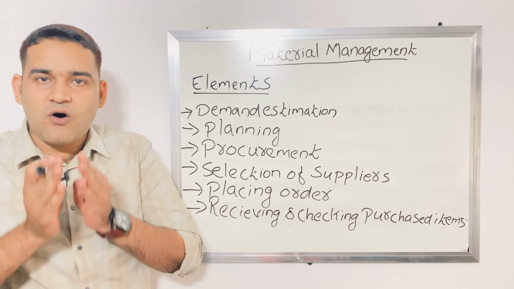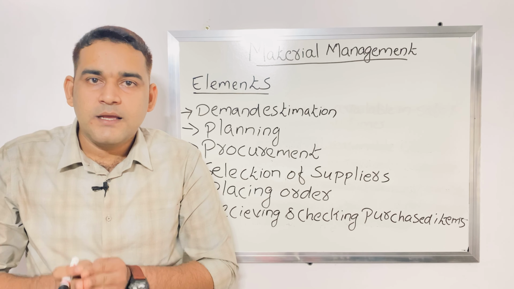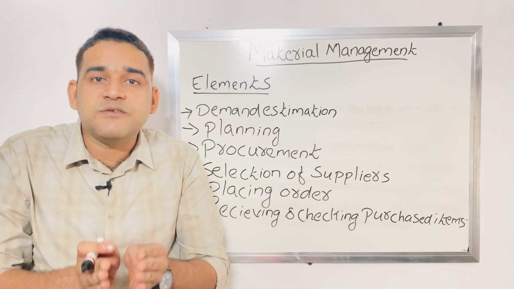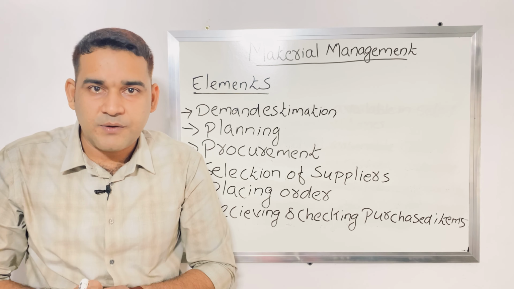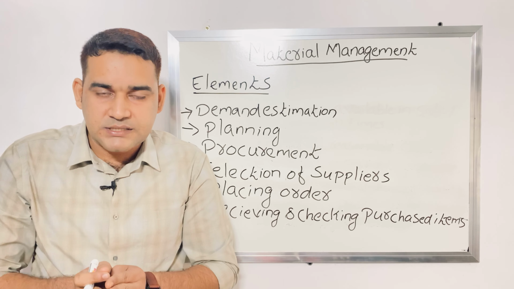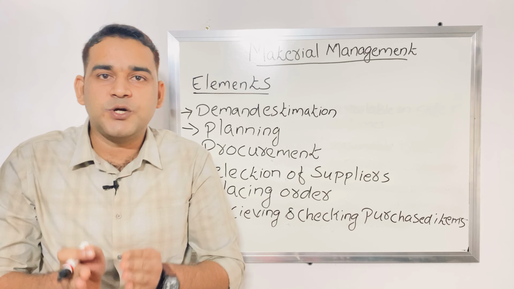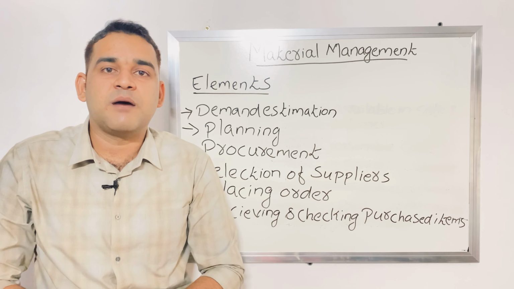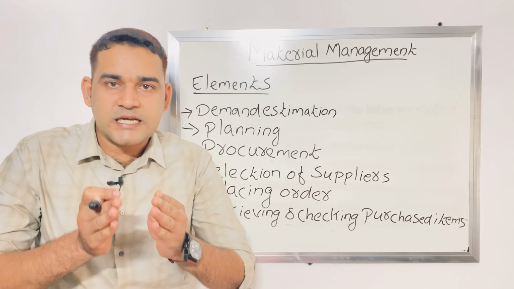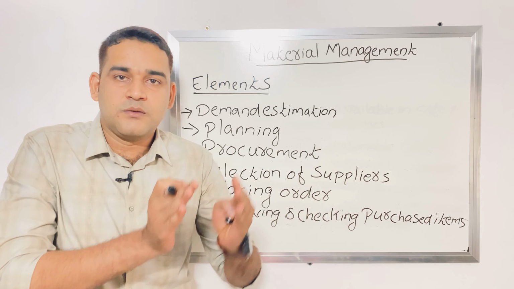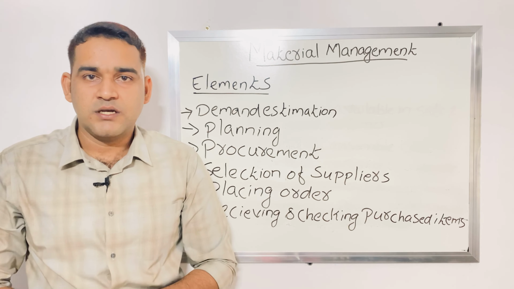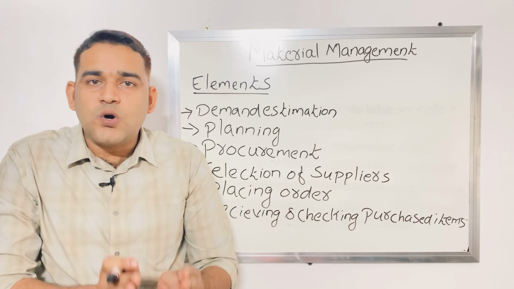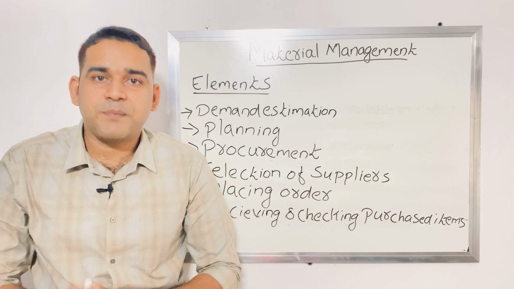After placing the order, you have to receive the item from the purchasing department and it should be kept in different stores. Different stores will be there, for example, medical store, surgical store or different equipment stores. So what you have to do? You have to receive from the purchasing department.